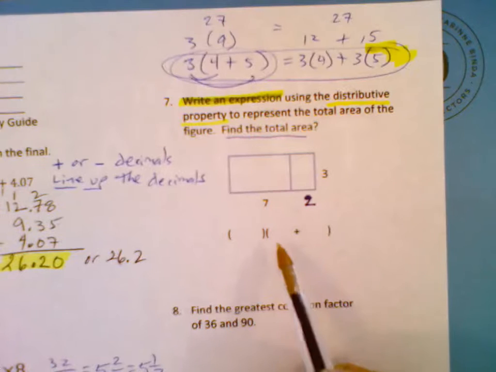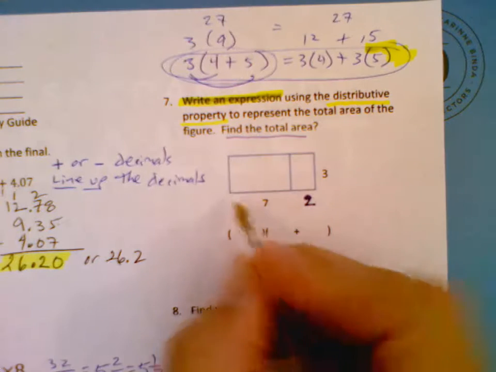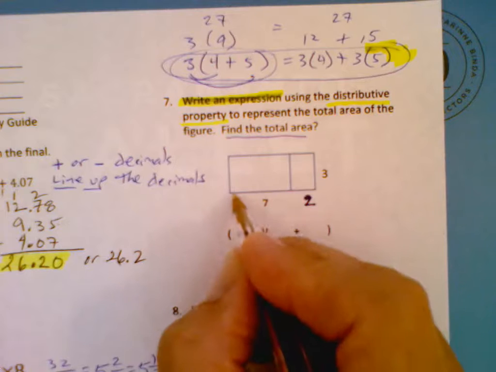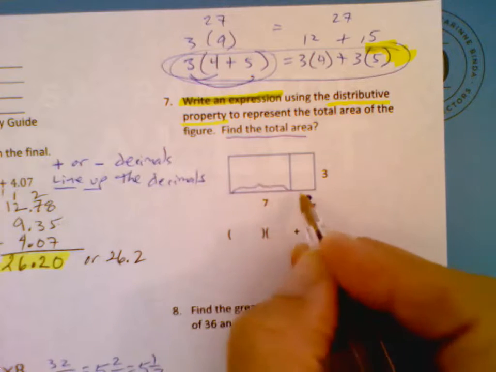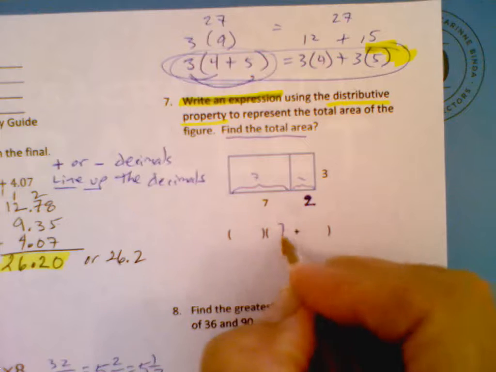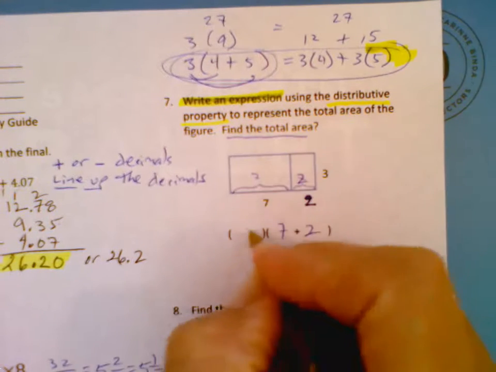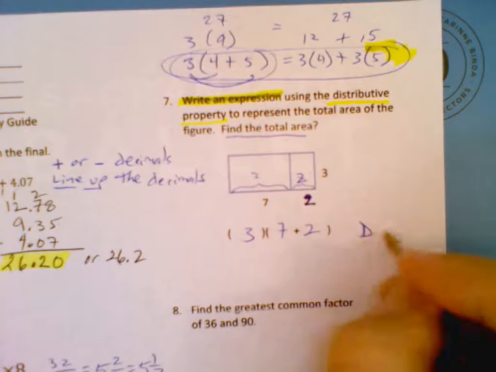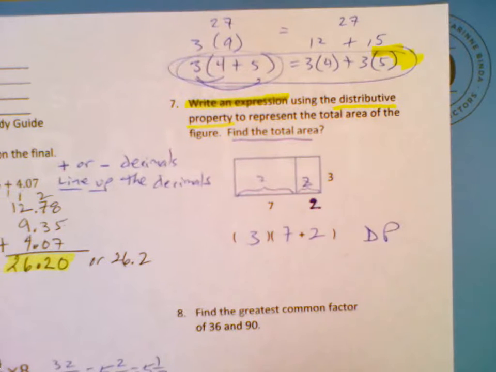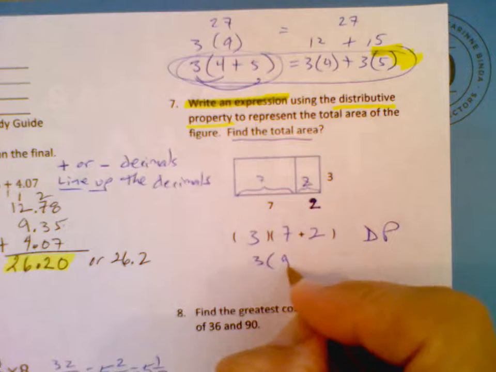So if I look at my figure, I want the total area, and I can see that this whole length here is 7, here is 2, so the whole length is 7 plus 2, and the width is 3. So there is my distributive property representation. 7 plus 2 is 9.